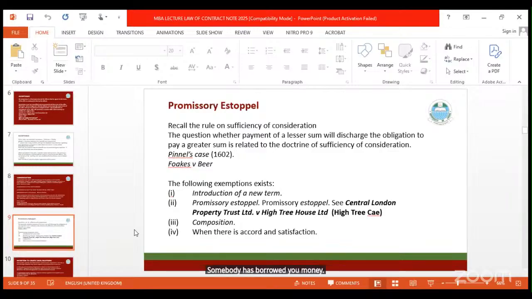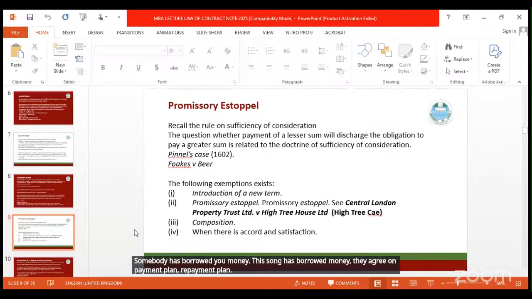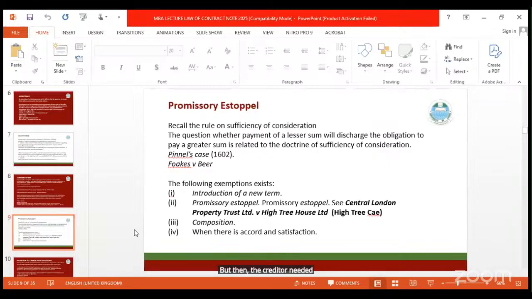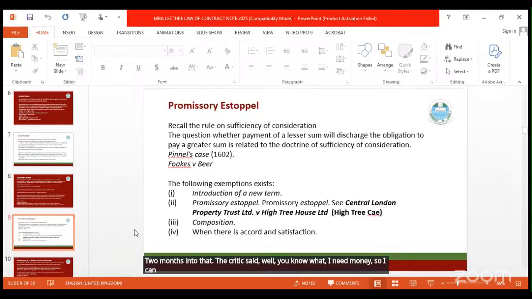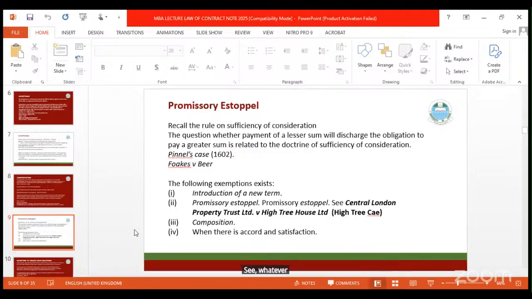Someone has borrowed money, they agree on a repayment plan, but then the creditor is so desperate that, instead of allowing the borrower to repay by installment within one year, two months into that, the creditor says, "Look, I need money, so I can't wait till the end of the year. Just see whatever you can get for me now, bring it, and I will forget about the balance that's outstanding."